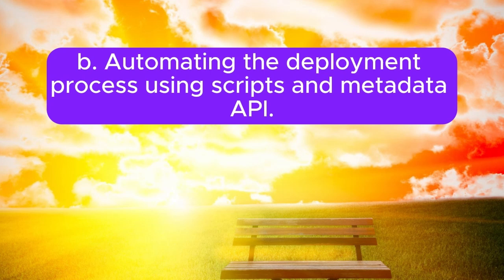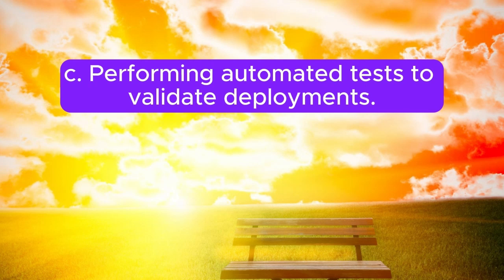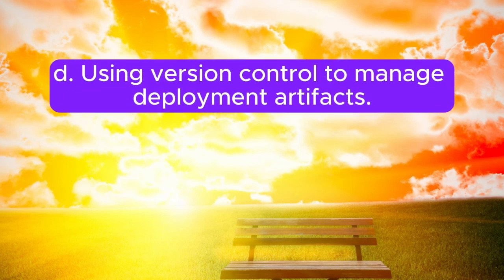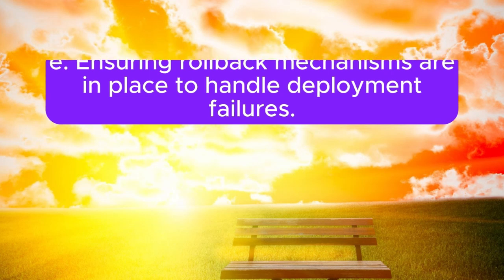B. Automating the deployment process using scripts and metadata API. C. Performing automated tests to validate deployments. D. Using version control to manage deployment artifacts. E. Ensuring rollback mechanisms are in place to handle deployment failures.